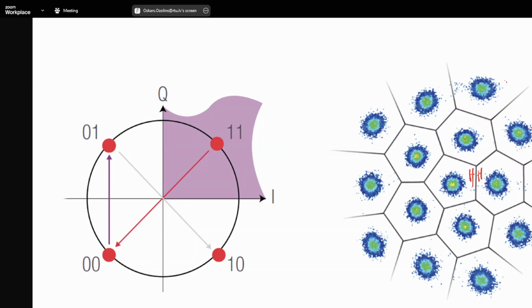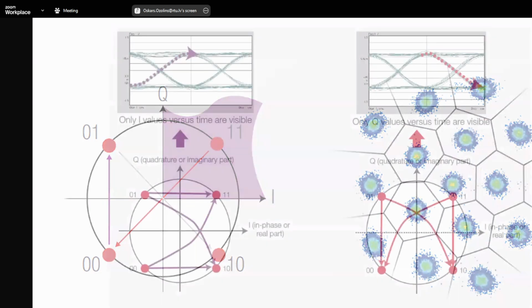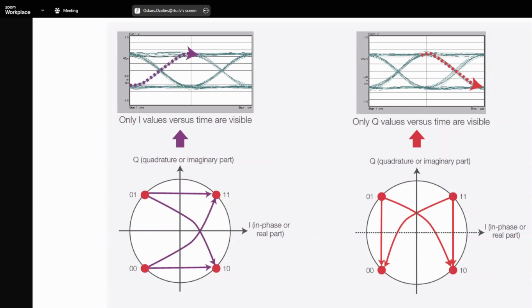Right. Then let's look at some other impairments, how the system looks like. So here is timing skew between I and Q. If you look here, you can see only I values versus time or Q values versus time. Then you don't really see that there are some changes in the constellation point.